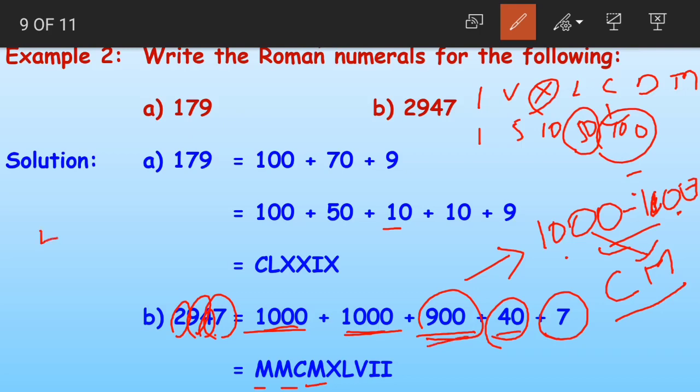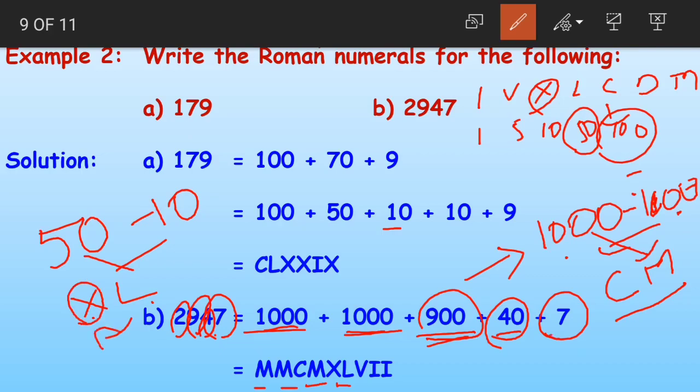Next is 40. Now again 40 is written as 50 minus 10. X stands for 10 and L stands for 50. So XL stands for 50 minus 10, 40. Now how is it subtraction here? Because the smaller symbol is to the left of the larger symbol. Yes, children?